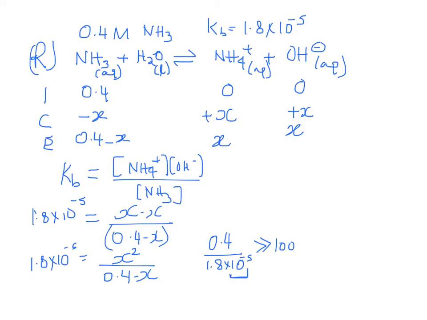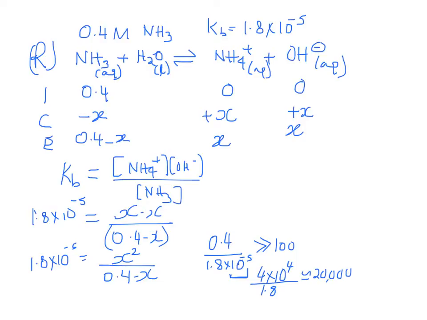Right now 10 to the power of negative 5, when it becomes a numerator, that would become 4 times 10 to the power of 4 divided by 1.8. So that's close to about 20,000 approximately. That's a pretty big number.